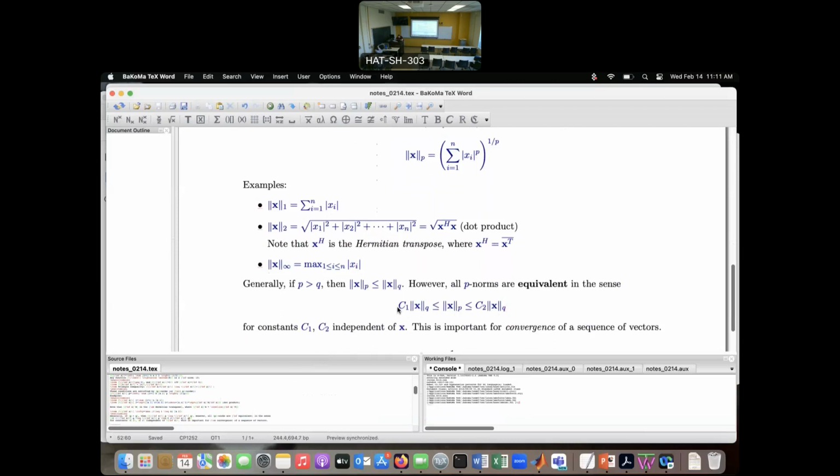So this applies for all x. And for two given norms, you can try to figure out what those constants C1 and C2 would be. They tend to relate to the dimension of the vector, the number of elements it has.